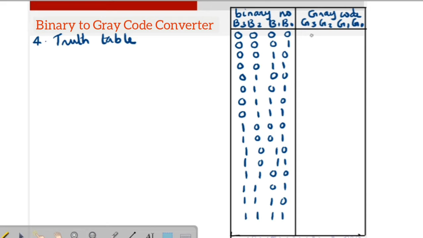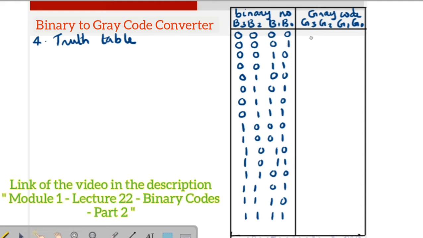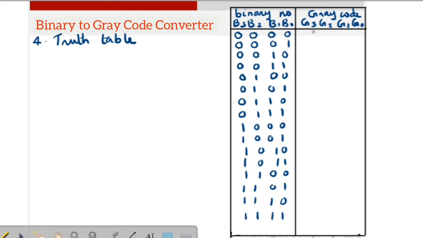Okay, so next we have to write the gray code for each binary number. So we have studied what is a gray code and how can we write a gray code for a binary number. So refer the video binary codes to get an idea about this gray code and how can we write the gray code from binary number, right? First bit is same as the binary number, that is G3 is same as B3.